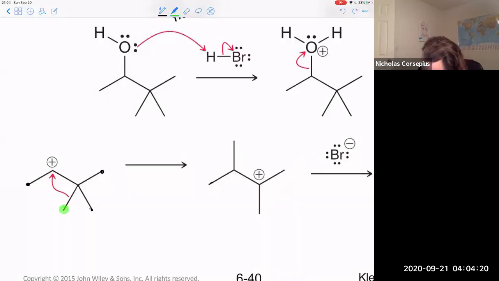So just to keep track of what's switching here, this guy jumped from over there and is now over there. Okay. It gave its pair of electrons to that carbon, which moved that positive charge. We're going to see that has to do with the stability of this carbocation compared to this guy. This guy's more stable. But let's not harp on that too much now. This is a rearrangement.